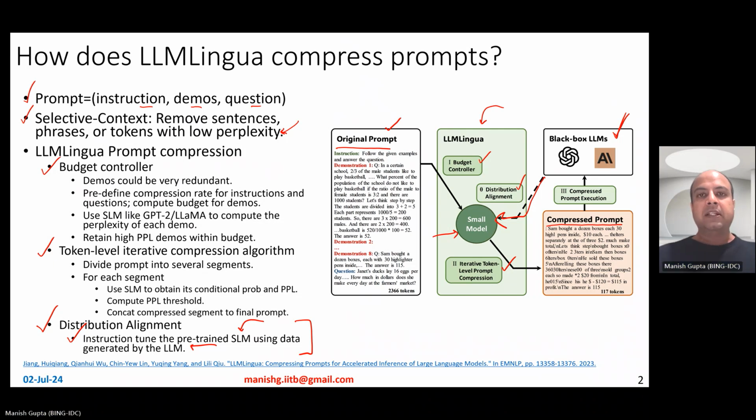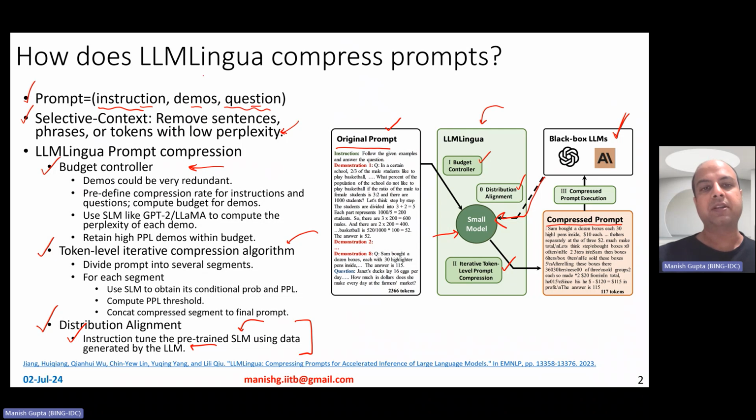Now, the broad idea is to still reduce the size of the prompt using perplexity. However, this is done in two important steps: a broad level step using budget controller and a more fine-grained step using token level iterative compression. In this broad level step, the idea is to compress demonstration examples as much as possible. Remember, in the prompt, the instruction is super important.